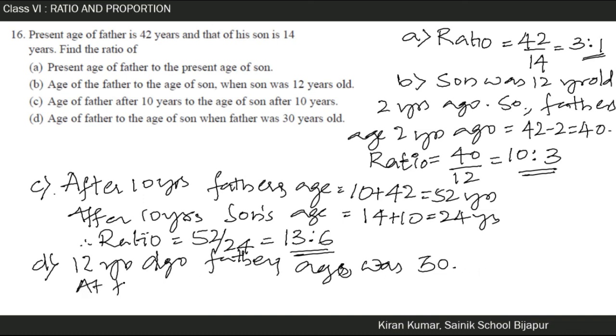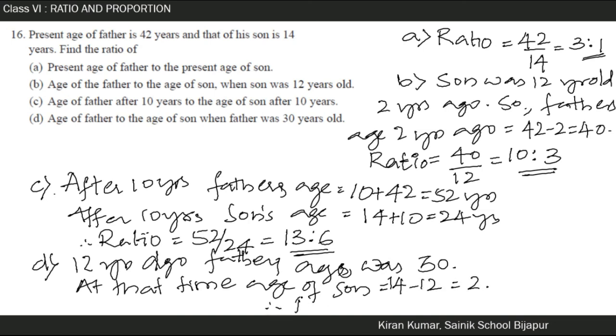At that time, age of son will be 14 minus 12, which is 2. Therefore, the ratio is 30 upon 2. We get it as 15:1.